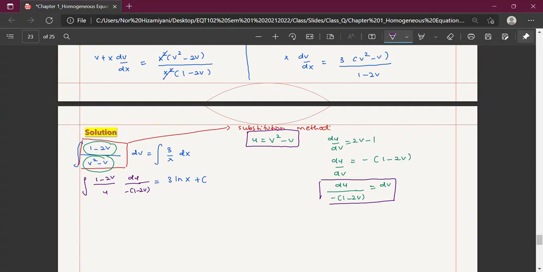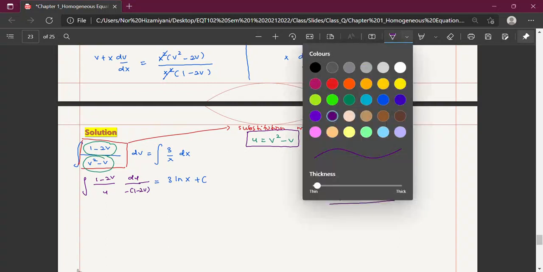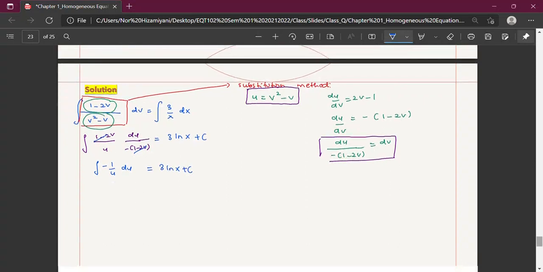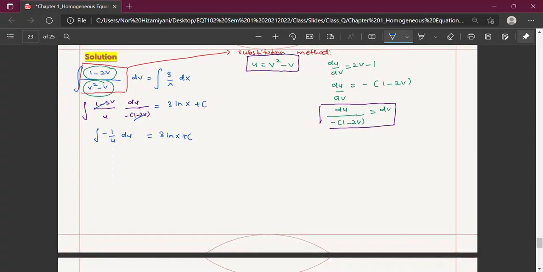And then you can simplify. So (1 minus 2v) divided by (1 minus 2v), we get equal to 1. So what's left on the left hand side is negative 1 over u du equal to 3 ln x plus c. Now you can integrate your function. Negative ln u equal to 3 ln x plus c.